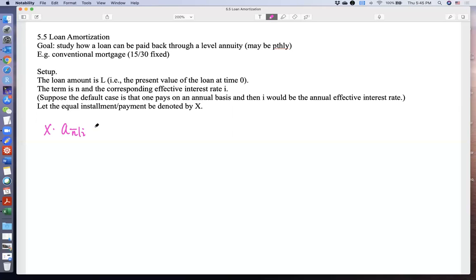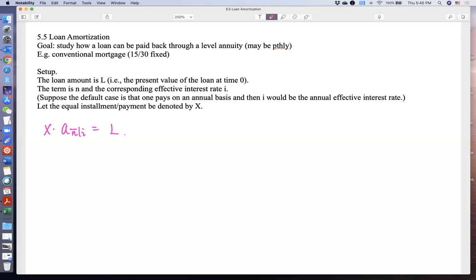That is the mathematical equation behind all the mortgage setup. It's actually not complicated. We are trying to use an annuity to pay back a specific loan with amount L. That means the present value of this annuity is supposed to be equal to the loan amount.